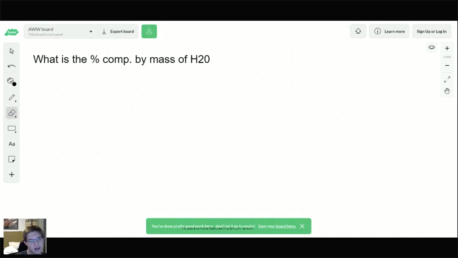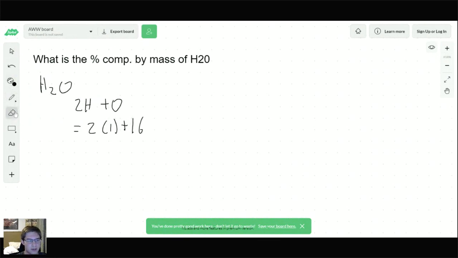So now let's find the percent composition by mass of H2O. Our first step, just like before, was to find the molar mass of H2O. So now we have 2 H and O, and that's going to give us 2 times 1 plus 16. Sure, okay, then I'll stop.